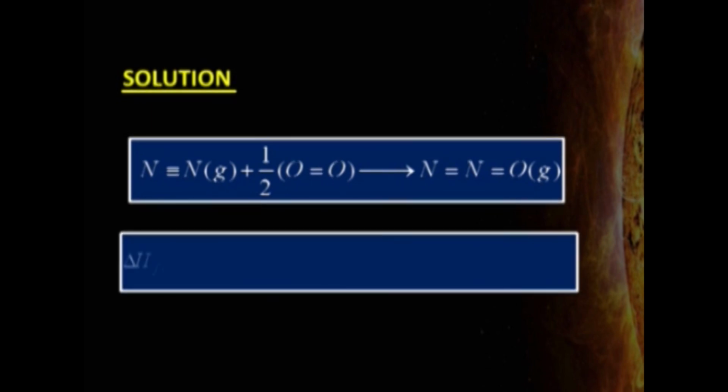Therefore, delta H formation of N2O will be equal to bond energy of nitrogen triple bond nitrogen plus half multiplied by bond energy of oxygen double bond oxygen minus bond energy of nitrogen double bond oxygen plus bond energy of nitrogen double bond nitrogen.